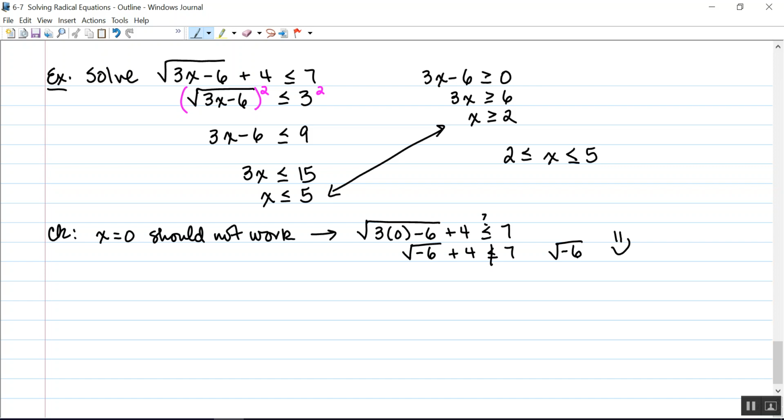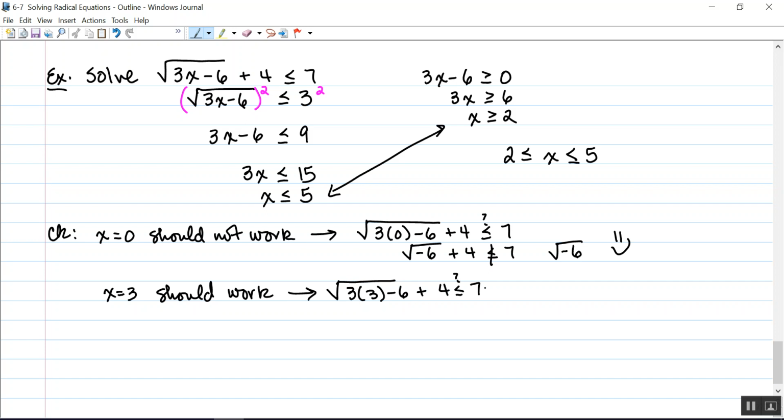Let's pick a number that should work. Let's try x equals 3. And this one should work. So when x is 3, back into the original problem.